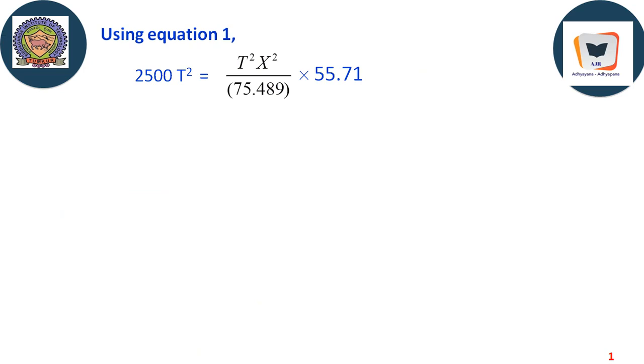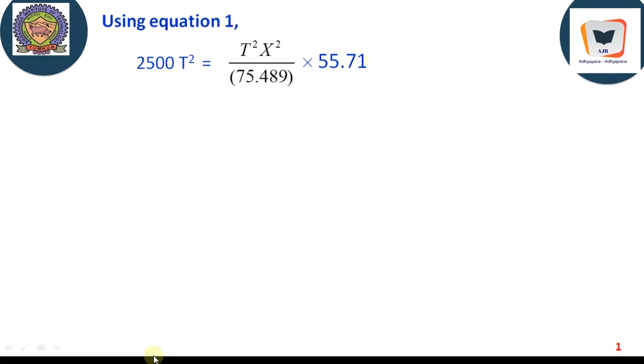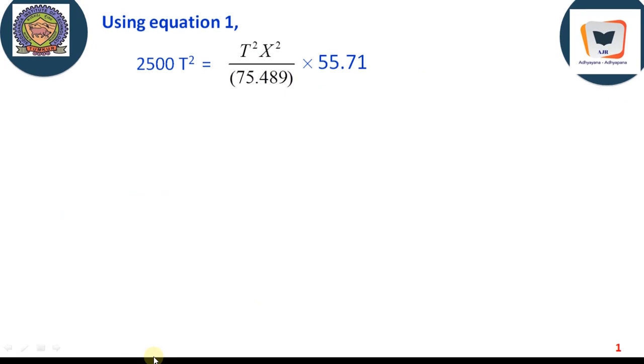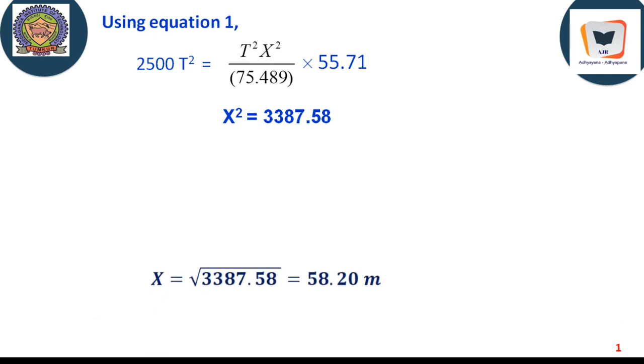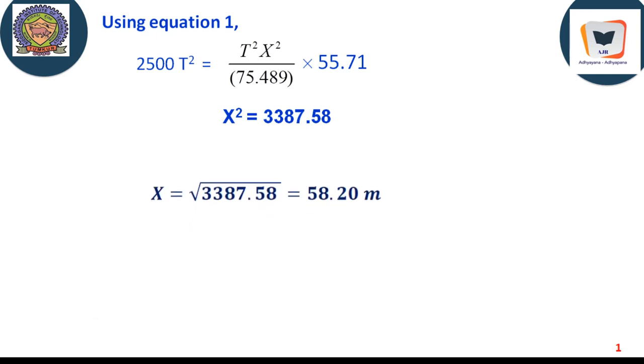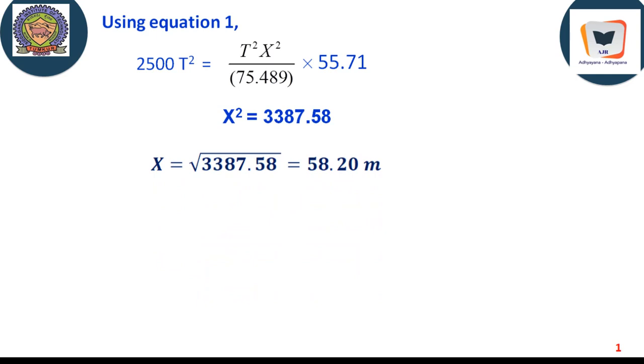So x squared equals 33.87, therefore x equals 33.87 into 0.58, that is 58.2 meters.